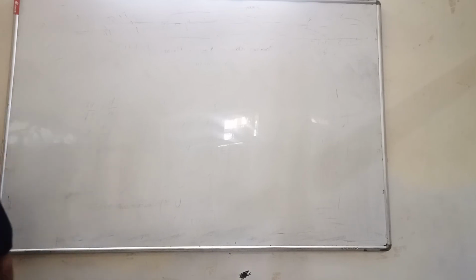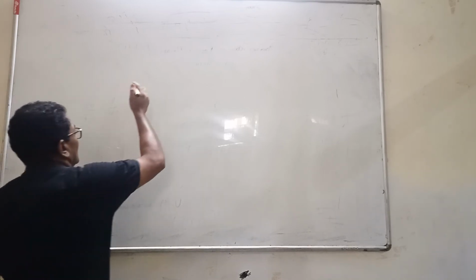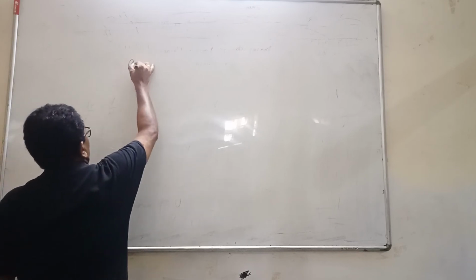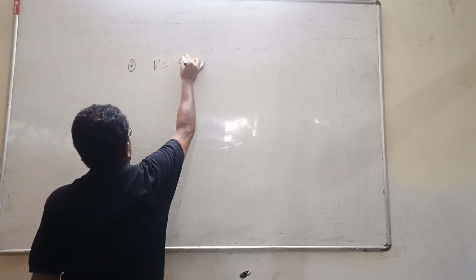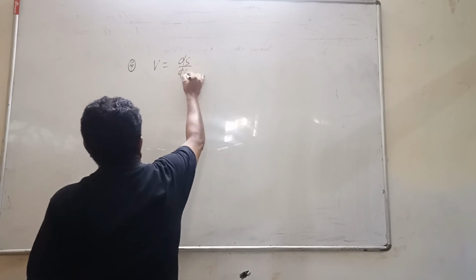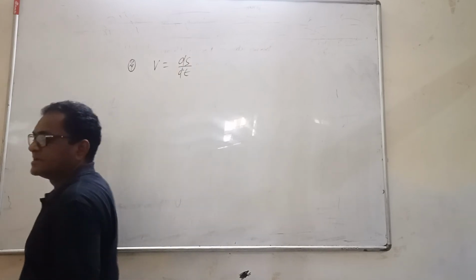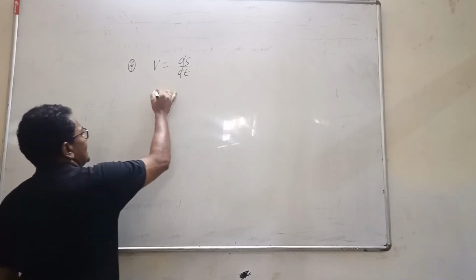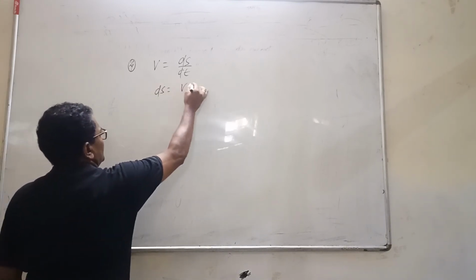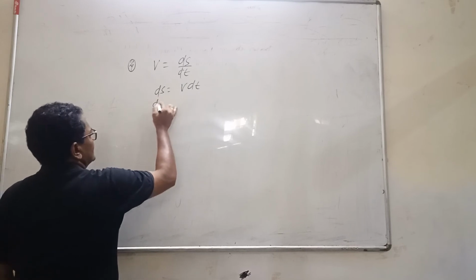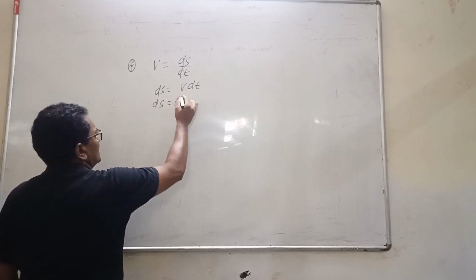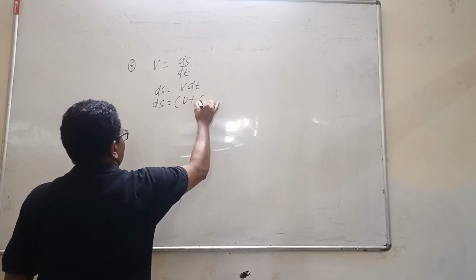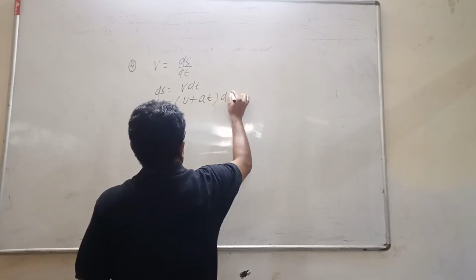Now the fourth equation was distance in nth second. So we know v equals ds by dt, the instantaneous velocity, and ds equals v dt. In place of v we can write v equals u plus at, into dt.